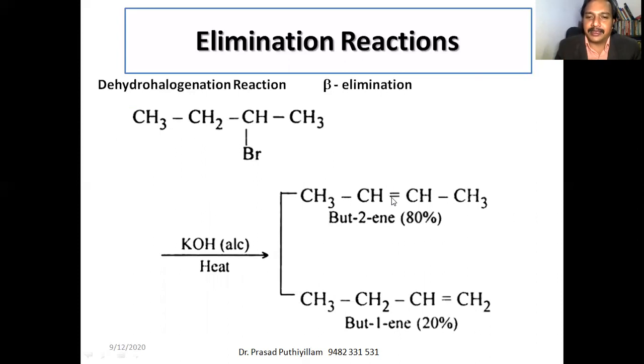Here, this is the alkene which has more alkyl groups connected to the doubly bonded carbon atoms: one methyl group on the right side and one on the left side are connected to the doubly bonded carbons, whereas the second product has only one alkyl group connected to the doubly bonded carbon atom.